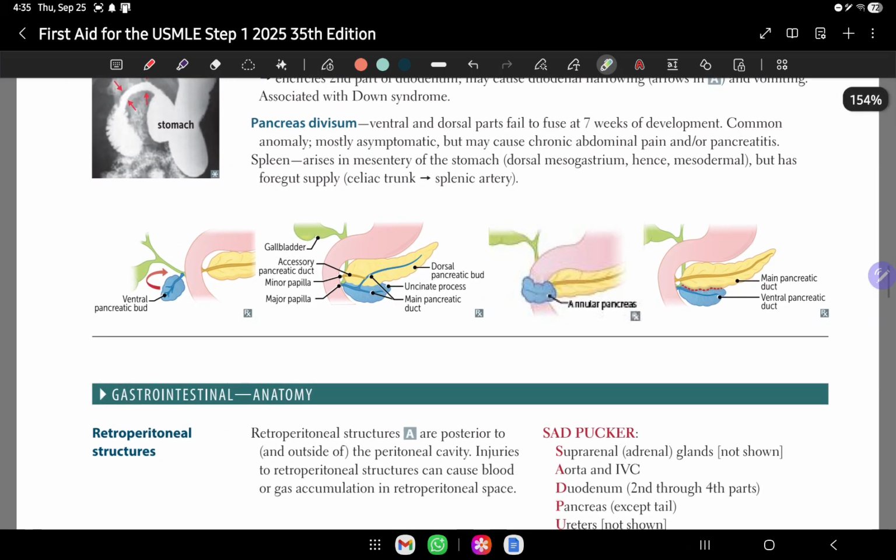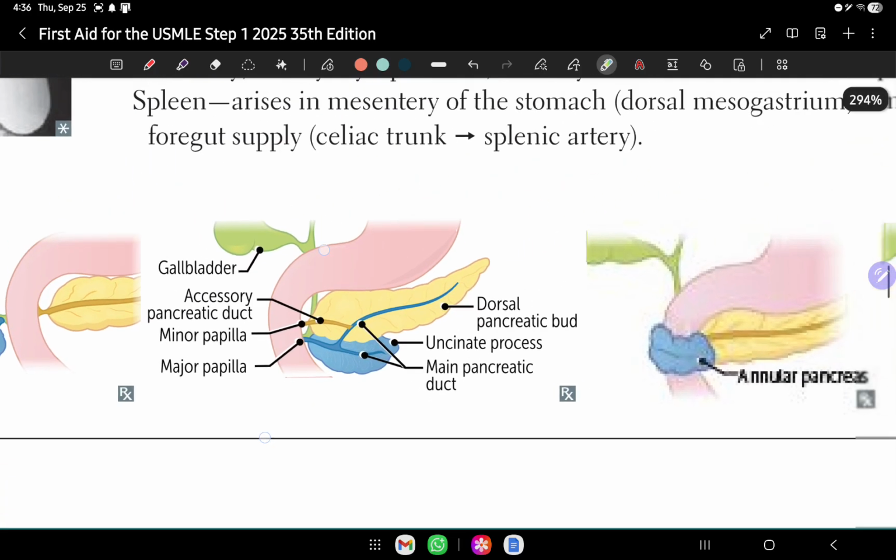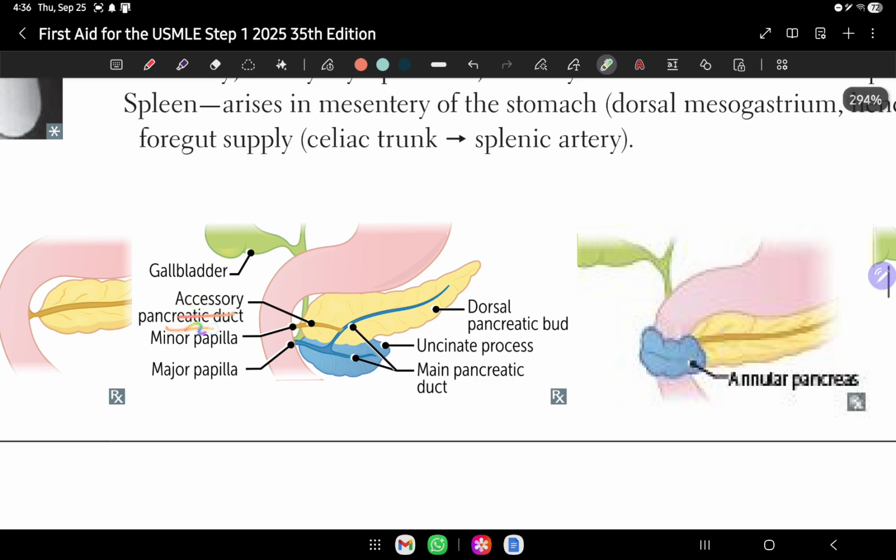Now I'm going to explain the diagram. Here this is the ventral pancreatic bud. You can see this is rotating normally. This is the gallbladder, accessory pancreatic duct, minor papilla, major papilla, dorsal pancreatic duct, uncinate portion, main pancreas. So you can see that this is the ventral and this is the dorsal pancreatic part. When these both combine, this is the main pancreatic duct, which is formed through the ventral pancreatic tissue.